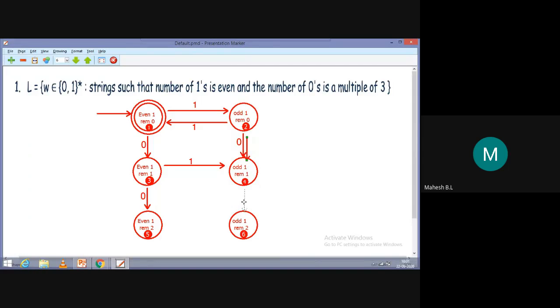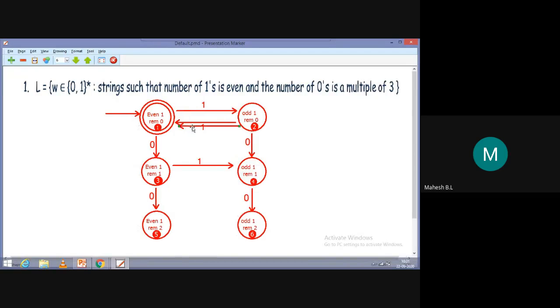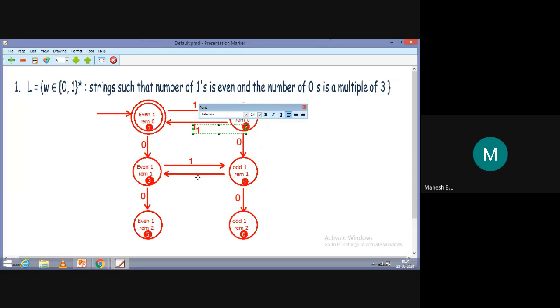The transition to state 6 on input symbol 0, and on input symbol 1, there is a transition to state 3. So odd ones become even ones.